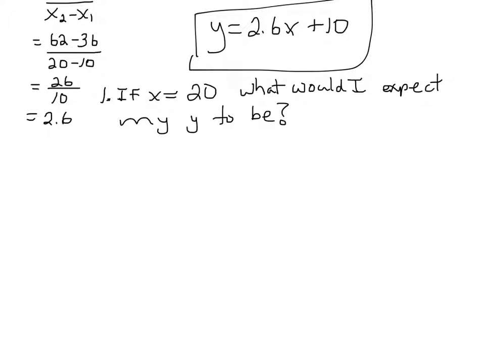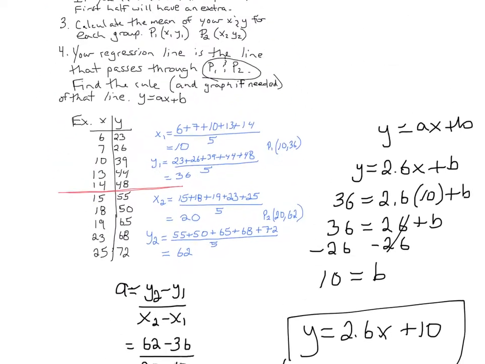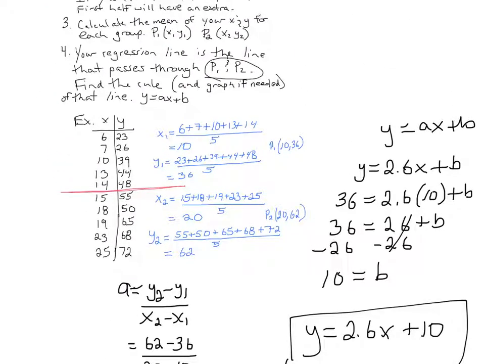If I look back at my table of values, I don't have any x equals 20 in this little data set. I can't just look at my table and say it would be equal to this.